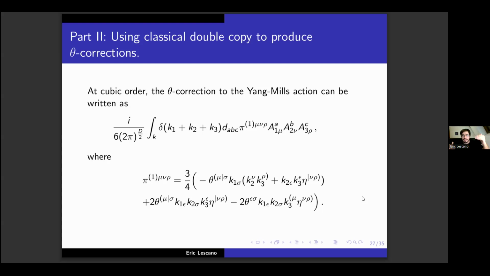Theta will be exactly the same as theta bar. They will be identical, and this will produce a theta square contribution. So the first non-trivial contribution comes from cubic order in fields and theta square.